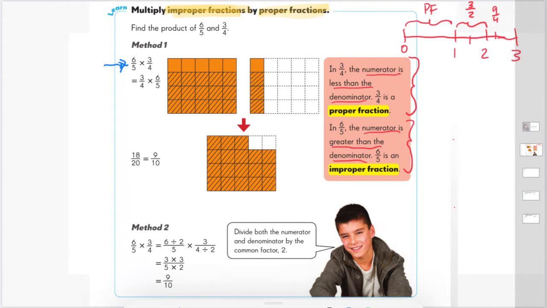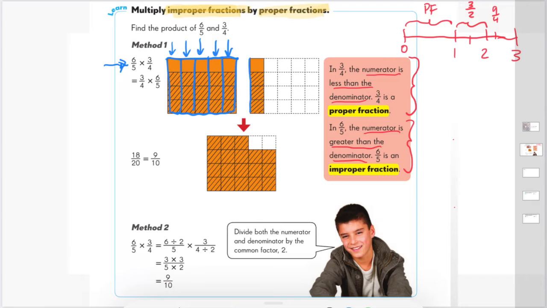I want you to see what this looks like when we're multiplying an improper fraction by a proper fraction. To start, I would want to model 6/5. Here's my whole, and I'm going to divide it into fifths. Here's 1/5, 2/5, 3/5, 4/5, 5/5.